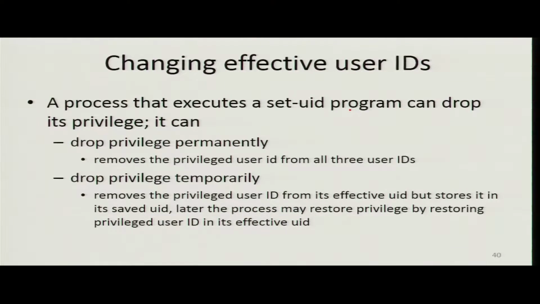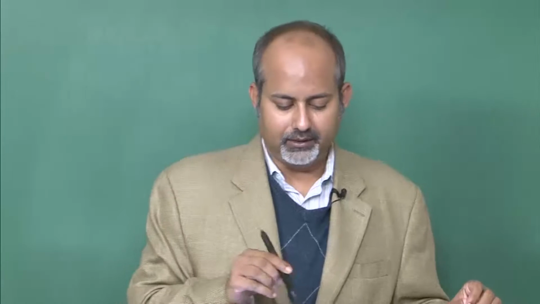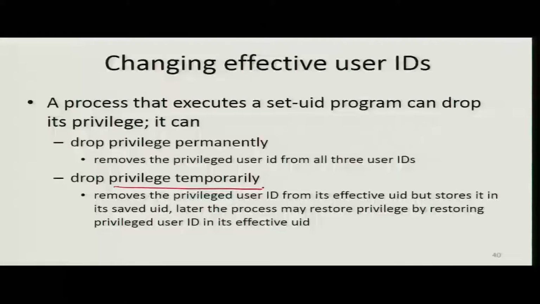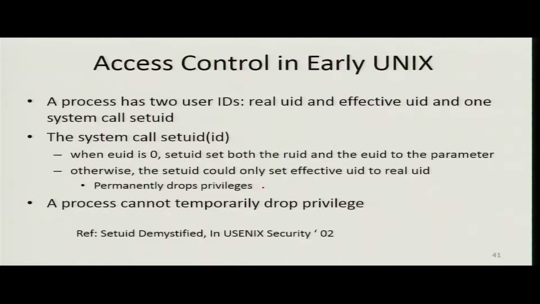Or if a program needs high privilege at certain points, not necessarily always, but in some part of the program and then later at another part, then you can drop the privilege temporarily and then restore the privilege from the saved user ID in which you saved the previous effective user ID.